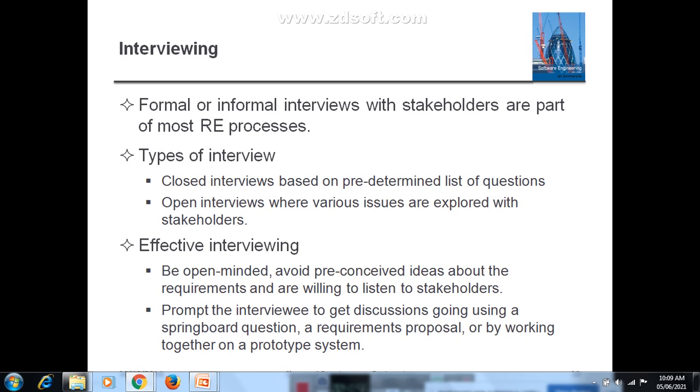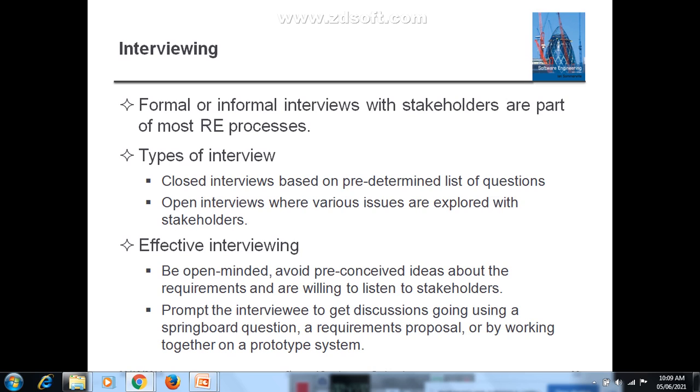Whenever you are gathering information, there should be interaction with each and every stakeholder who is a part of the requirement engineering process. So there must be willingness to listen to all the stakeholders. These are things that should be there whenever you call it effective interviewing.